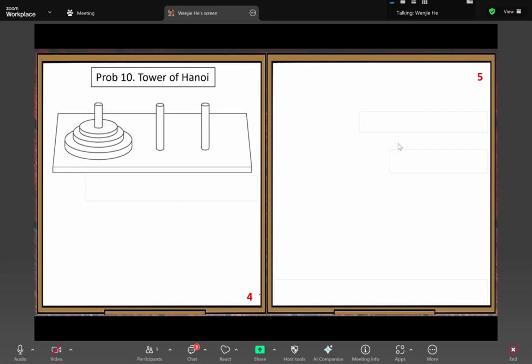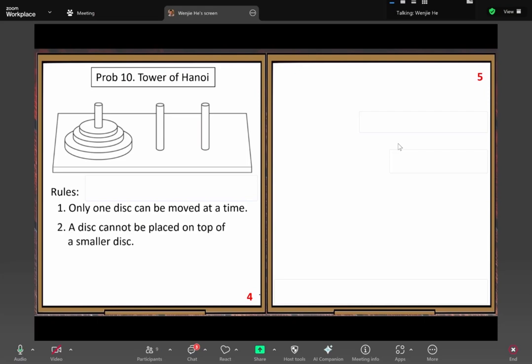The first rule: only 1 disk can be moved at a time. Every time you move, you can only move one disk. Rule number 2: a disk cannot be placed on top of a smaller disk.